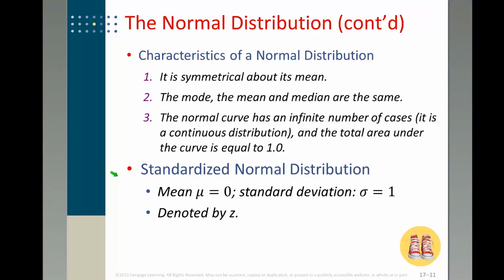We also have a very special normal distribution. This is the standardized normal distribution. For this normal distribution, we look at a mean of 0 and a standard deviation of 1, and it is usually denoted by z. In statistics, whenever we talk about the z distribution, z table, etc., you should know we're talking about the standard normal distribution.